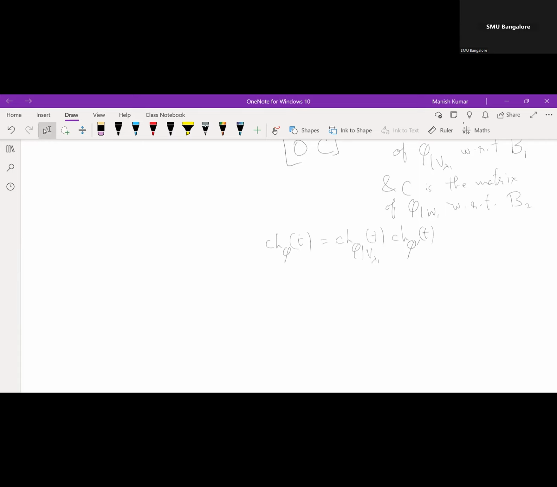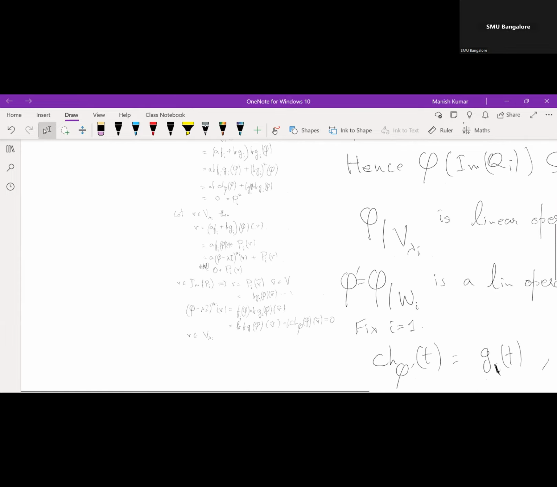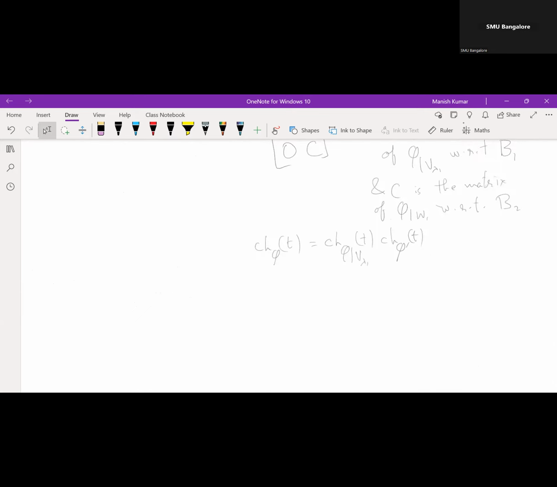So why is that? The point is, maybe this is not too bad. All the lambda 1 eigenvectors of phi are in V lambda 1, right?